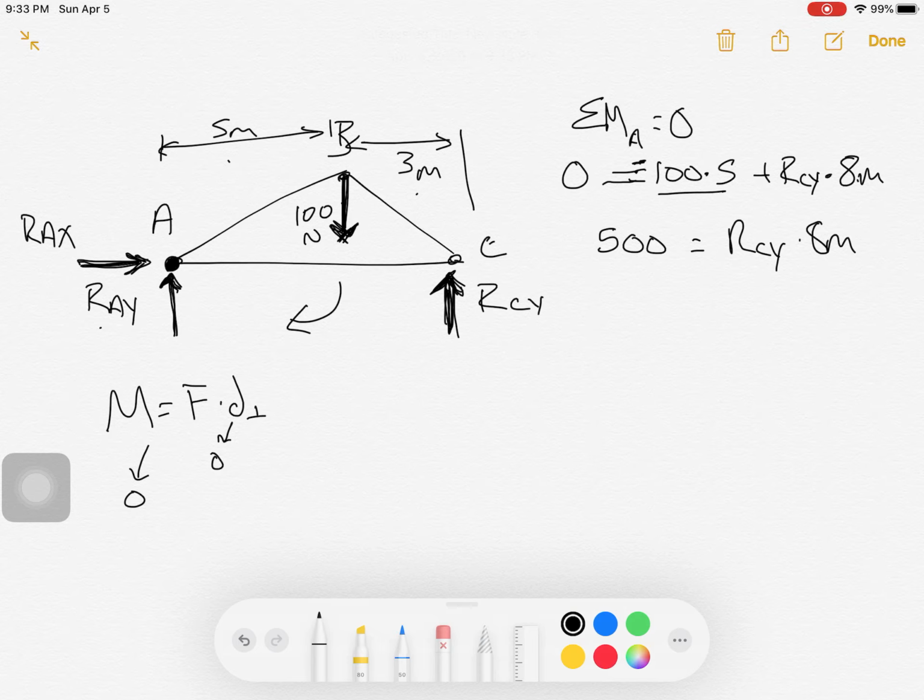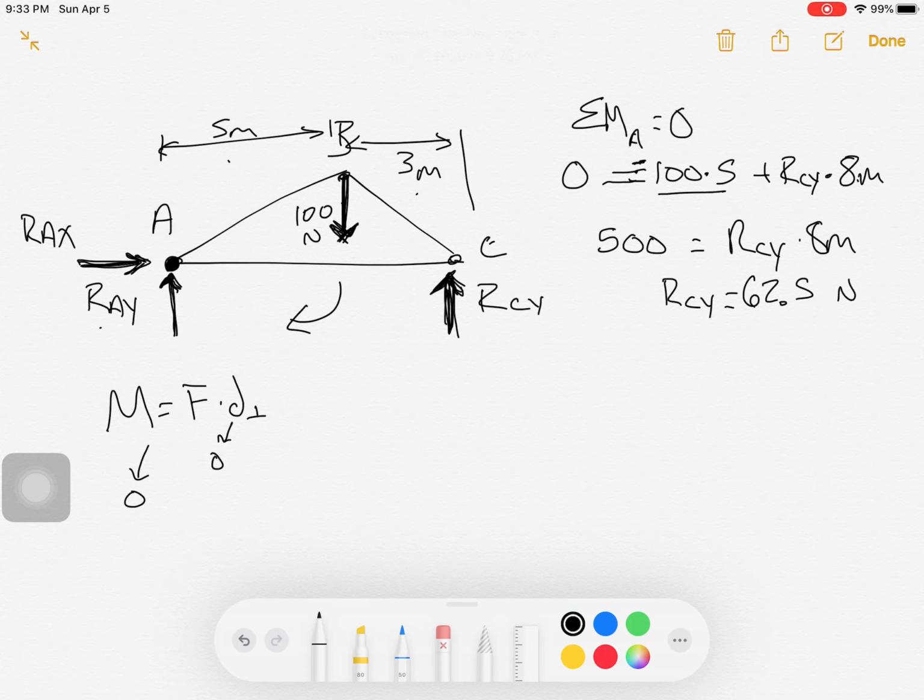So if I want to find what RCY is, I'll take 500 and divide it by 8. And I find that RCY is 62.5. All right, and this is going to be in newtons since it's a force.